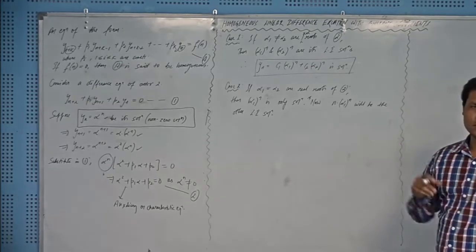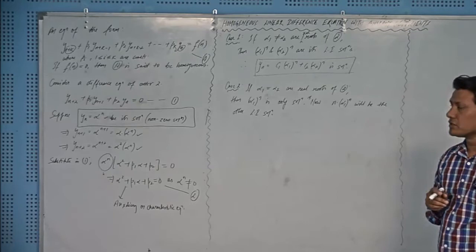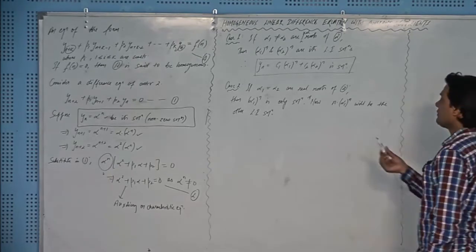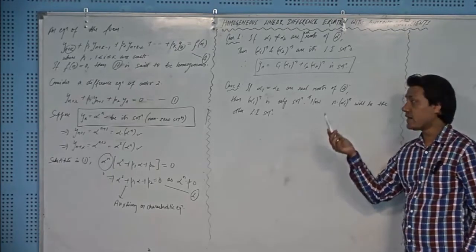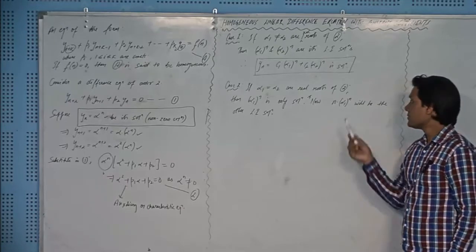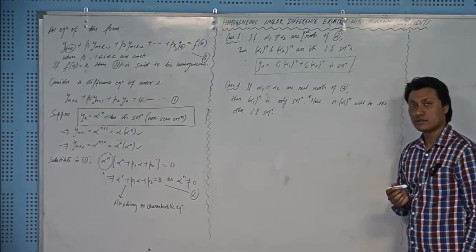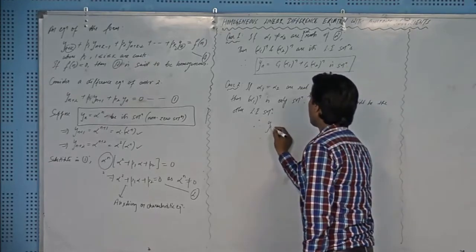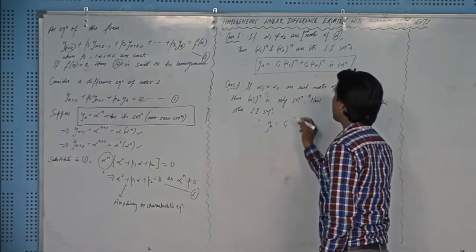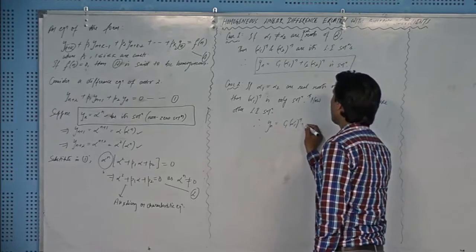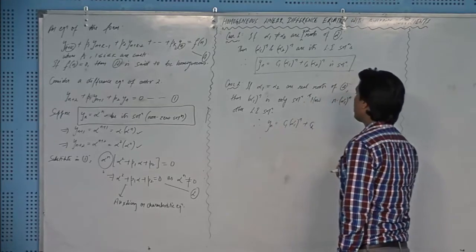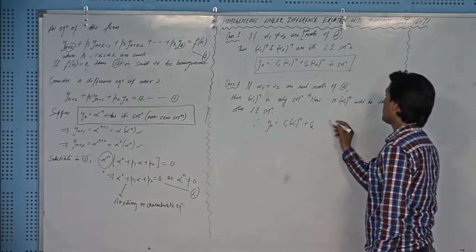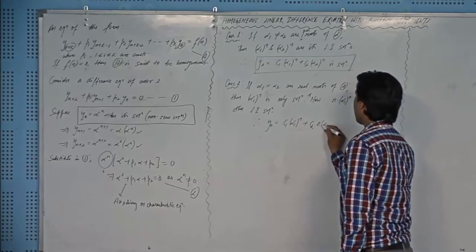The reason is similar to the theory of differential equations. That's why I have written n, because in place of x we have n. So this will be the other linearly independent solution, and therefore the full solution will be given by C1 multiplied by the first solution, alpha 1 to the power n, and C2 multiplied by the second solution, n times alpha 1 to the power n.